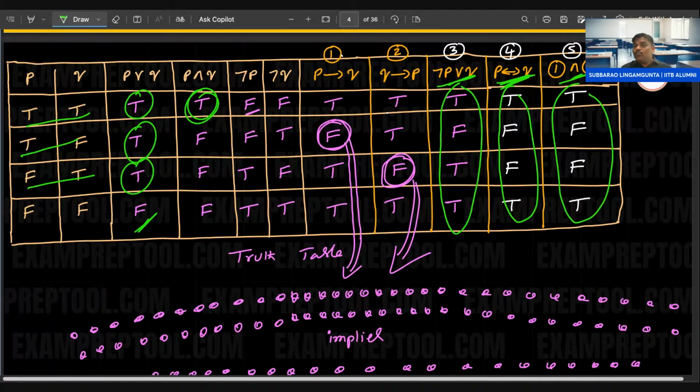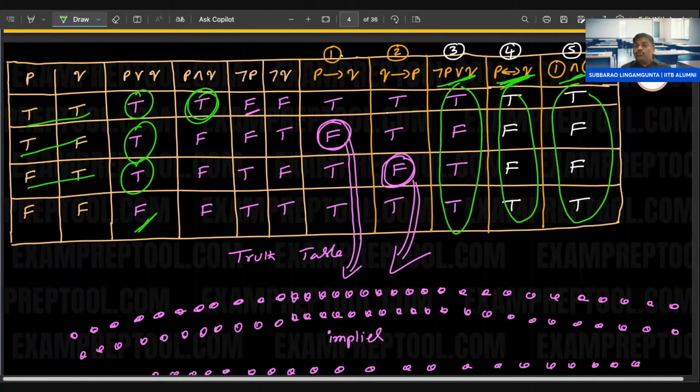If we check 1 and 3 in this table, both are equal.